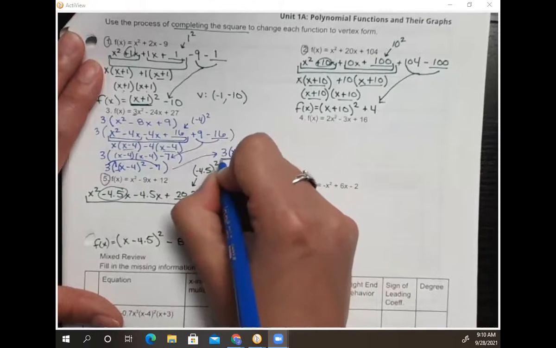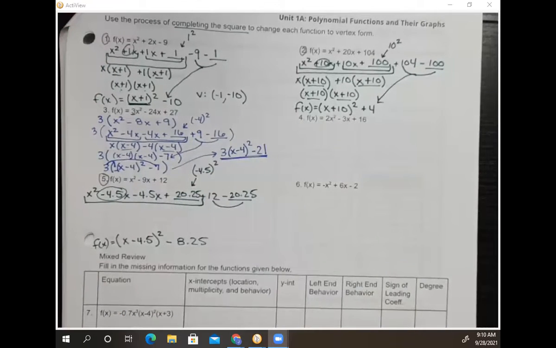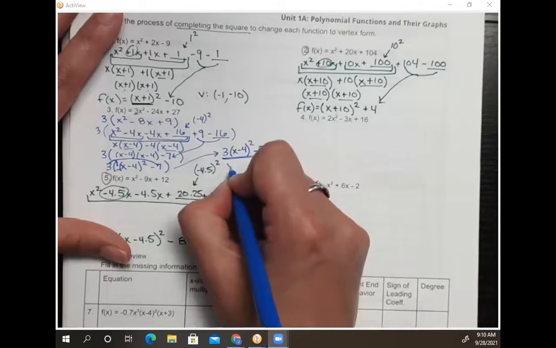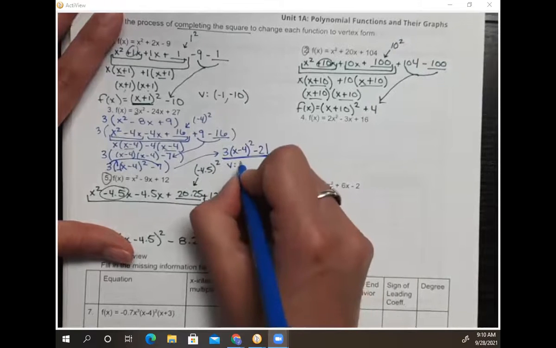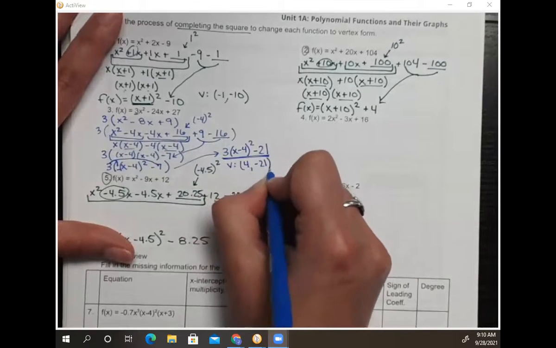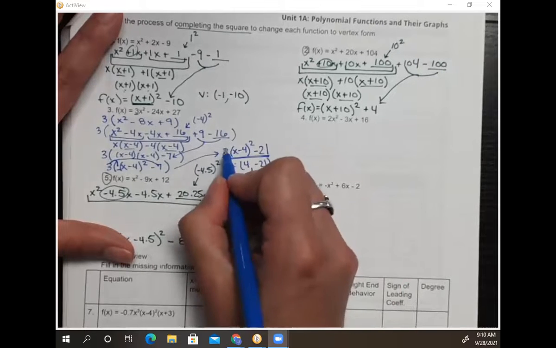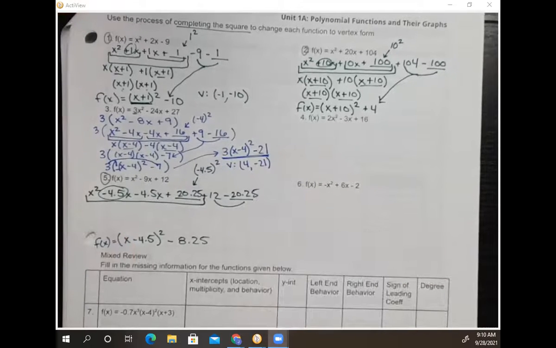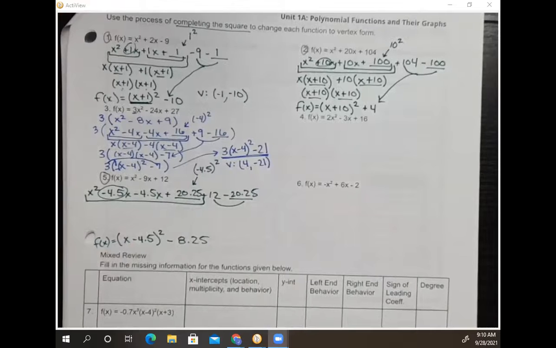And there's my vertex form. Now my vertex from here, I find exactly the same way that we found before. So my vertex for this function would be 4, comma, -21. Okay, that lead coefficient does not impact what my vertex is. I pull my vertex out of vertex form exactly the same way that we did yesterday.